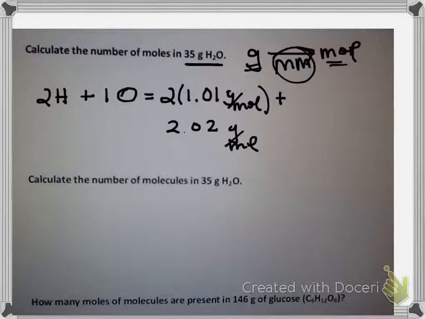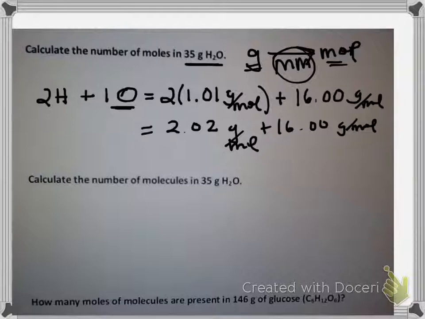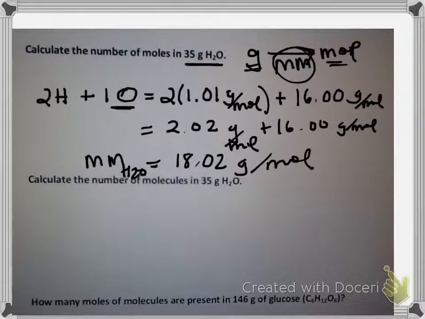And how much does 1 mole of oxygen weigh? It weighs 16.00 grams per mole. So when I add the weights of my 2 hydrogens and my oxygen together, the molar mass of water will be 18.02 grams for every 1 mole of that compound.